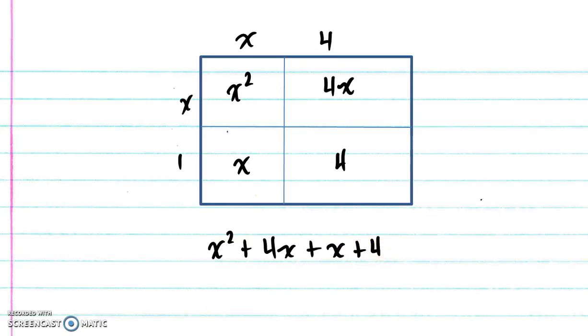If I look at each pair of terms here, and I look at the greatest common factor of each pair of terms, let's do that. Let's find the greatest common factor between x squared and 4x. Okay, x squared and 4x can both be divided by x. If I divide x squared by x, I get x.